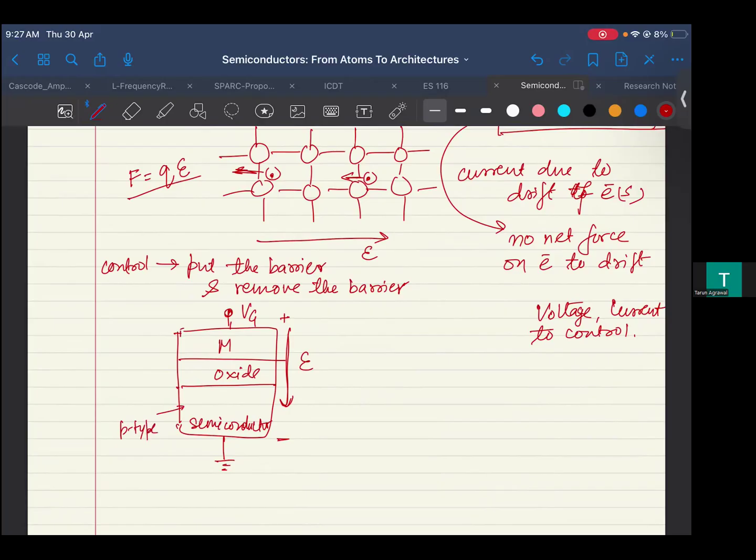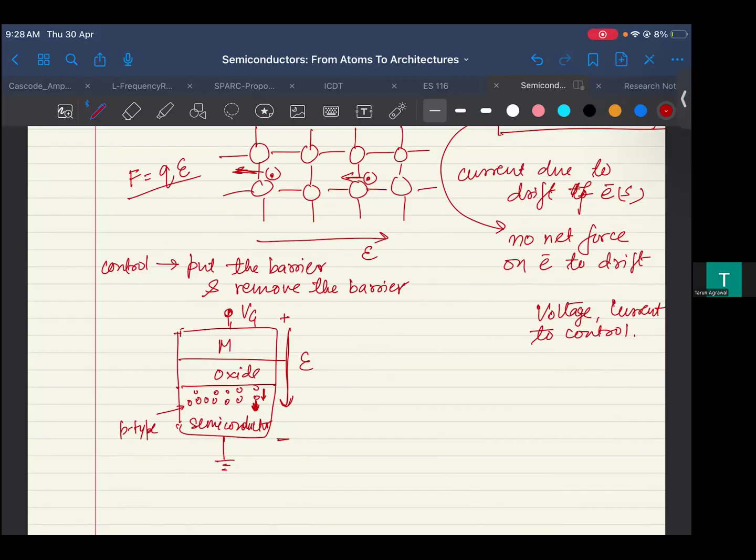In a p-type semiconductor, which we have talked about in detail in the generation recombination or doping videos, there are a lot of holes. This is the definition of a p-type semiconductor. Now if the electric field is in this direction, the hole is going to feel a drift in this direction, going away from the surface.